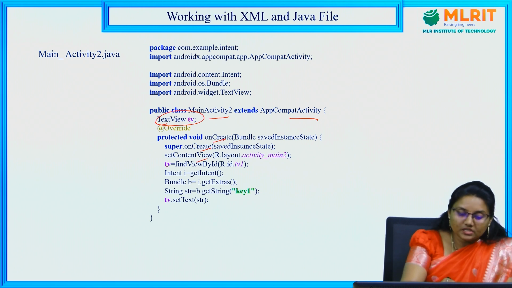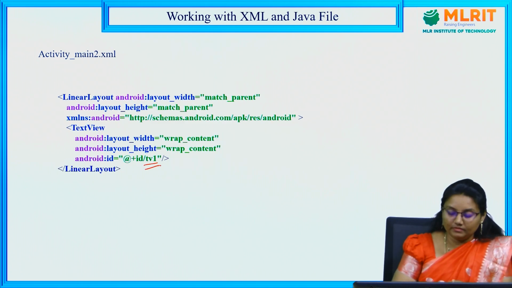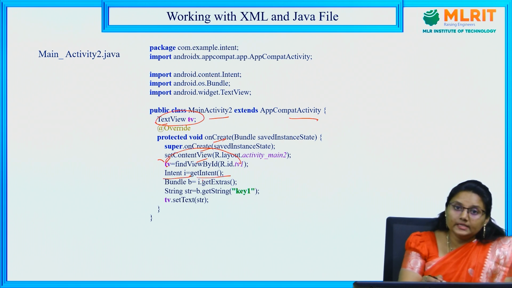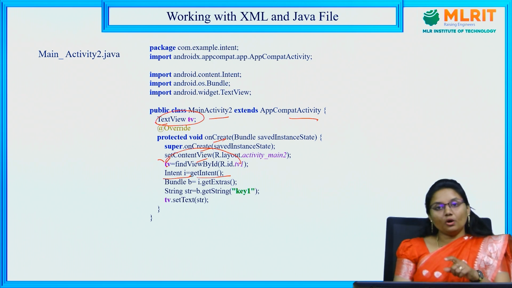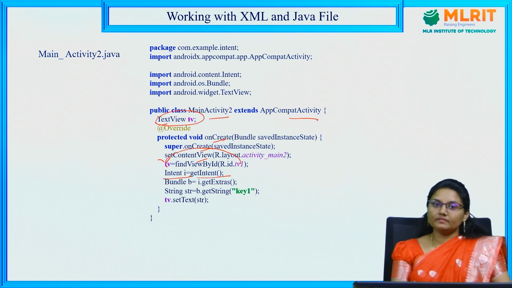And to this TV, what are you sending? The ID of your activity_main. This is TV1, so that TV1 you are sending here. Now, Intent i equals getIntent. getIntent means it is retrieving the intent information, because when you navigate from one activity to another, the first activity takes some text and that text needs to be extracted by the second activity.